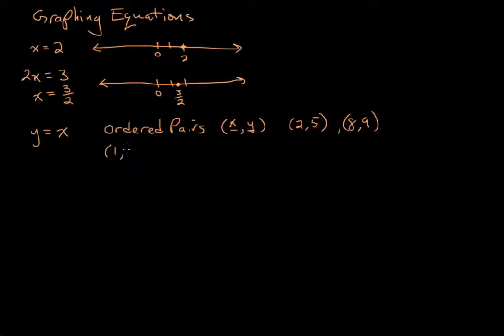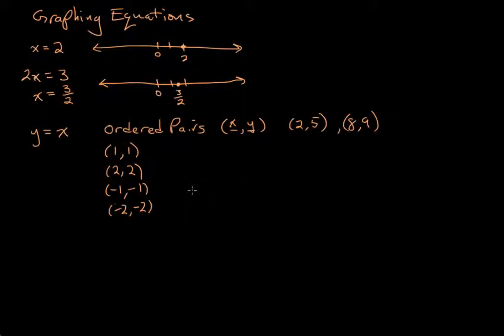Pairs like 1 comma 1, 2 comma 2, negative 1 comma negative 1, negative 2 comma negative 2, and many others. This relationship says it doesn't matter what the numbers are as long as those two numbers are the same.